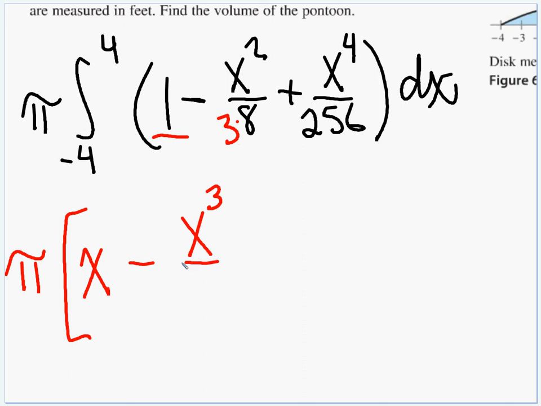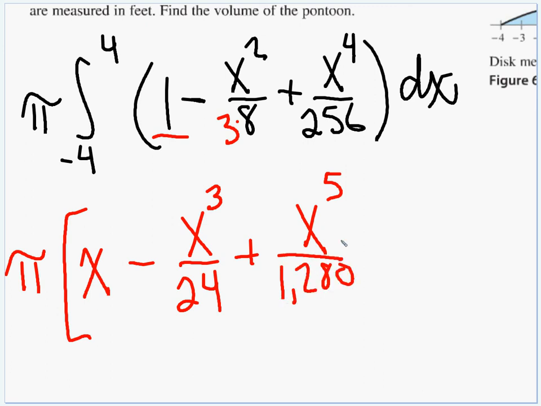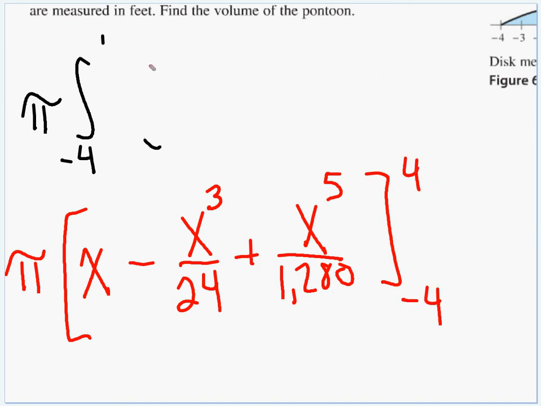If we multiply those, we get a 24. Plus, we're going to raise our x to the 4th up a power to 5. And we'll multiply the denominator already there by another 5, because we're going to divide by that new power. That'll be 1,280. And we will evaluate from negative 4 to positive 4.